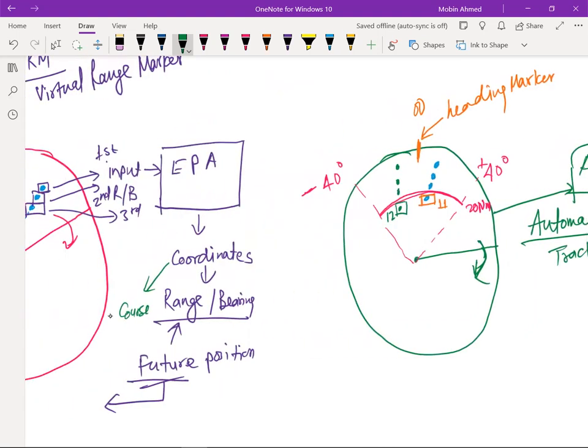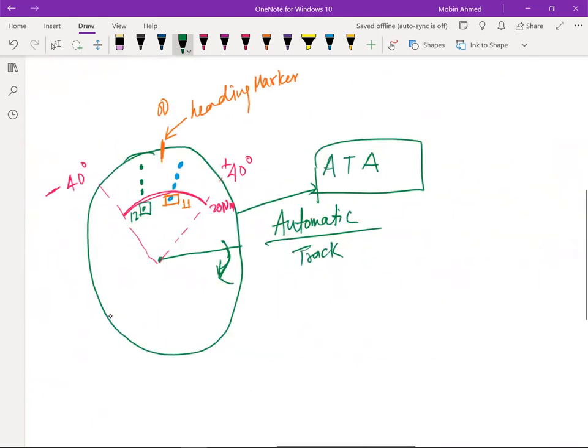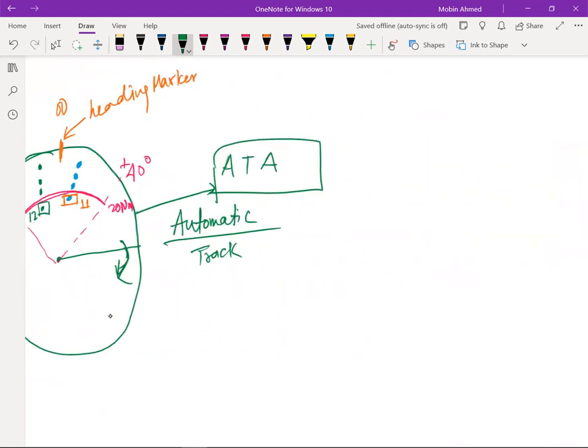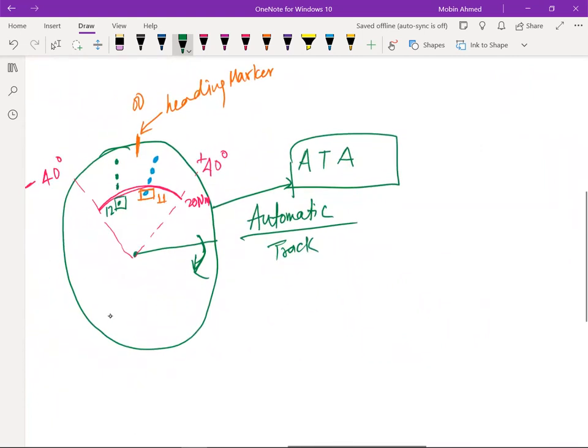For the EPA, the input is given physically, manually, and ATA acquires targets automatically because we have selected the sector and the range. If any target enters it, it is going to be plotted. So this is the difference between the electronic plotting aid and the automatic tracking aid.